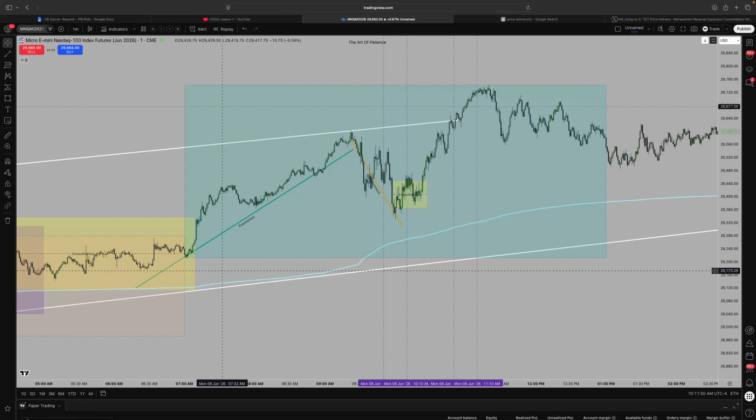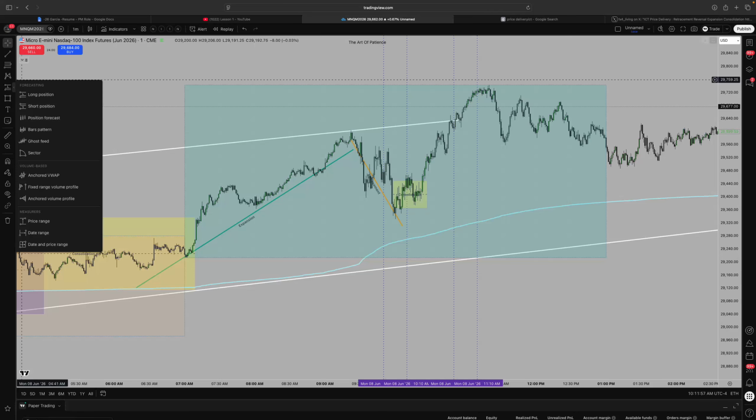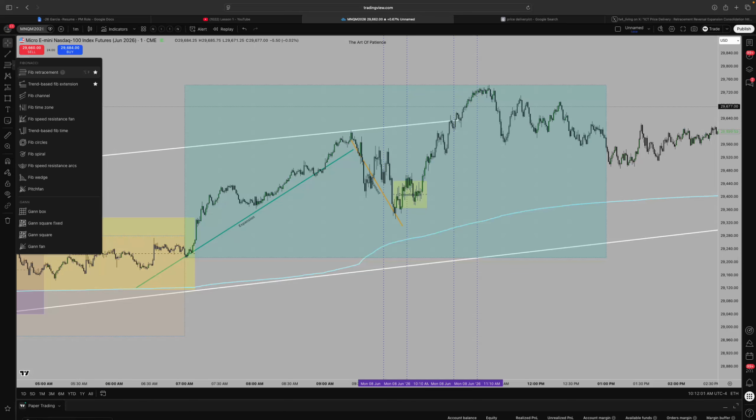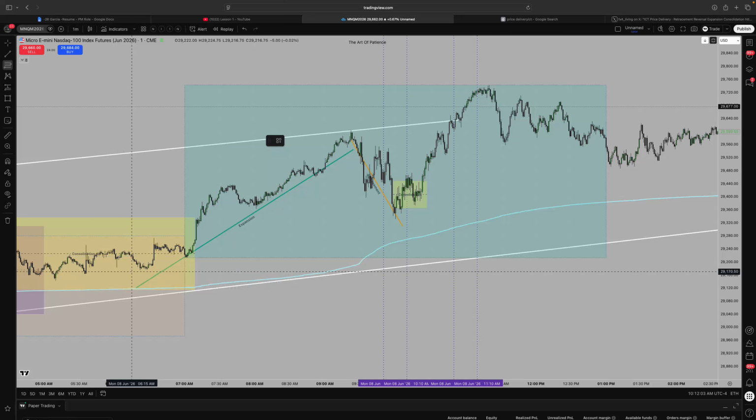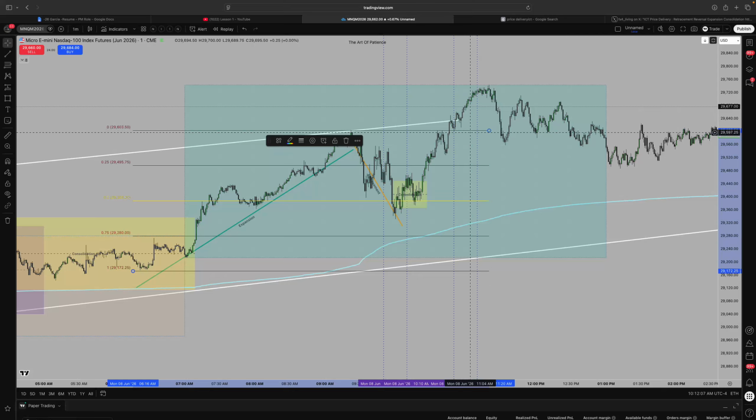You could also, let's see, I've never done this part here, but to measure, I'm going to measure the high. We'll use the low and the high of that expansion move. You see how price tapped into the 0.5, that is the midpoint.